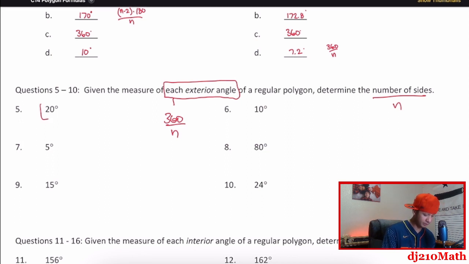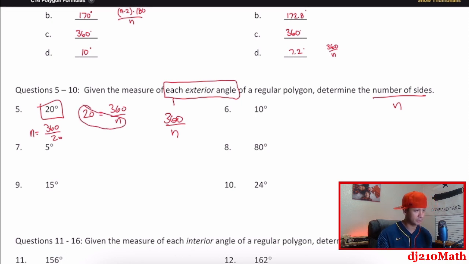They give us 20, so 20 is equal to 360 divided by n. Again, the variable is in the bottom, so n is equal to 360 divided by 20. You can swap the variable and whatever number is out here. That's the beauty of algebra. So n is equal to 18 in this case.